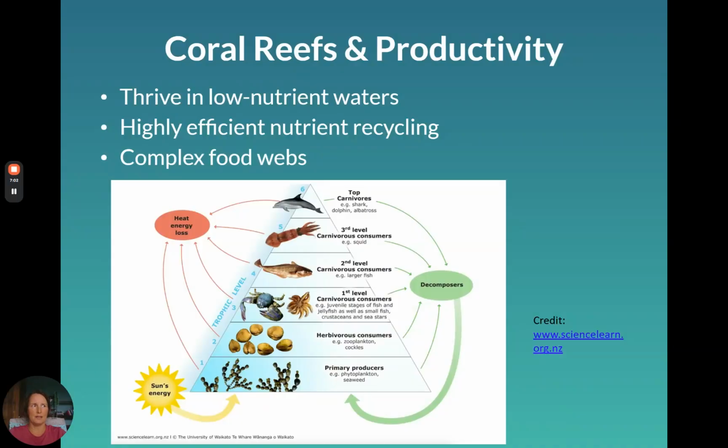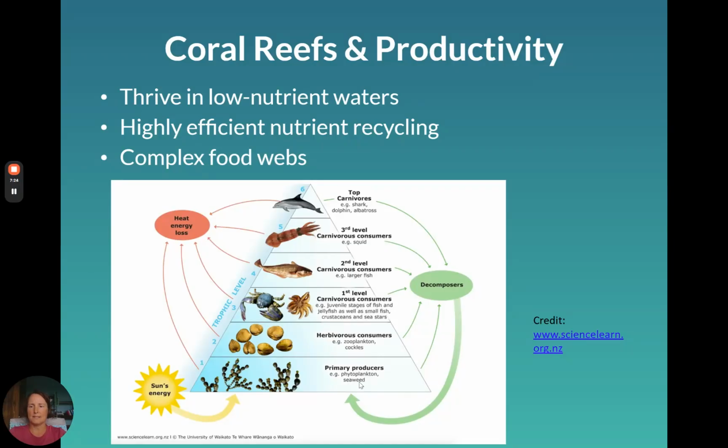Coral reefs thrive in low nutrient waters. We already said that. They are so productive because they are efficient at recycling nutrients. So it's essentially this relationship between all the different animals, and that's why this food web is so complex. You can see it's many tiers here.